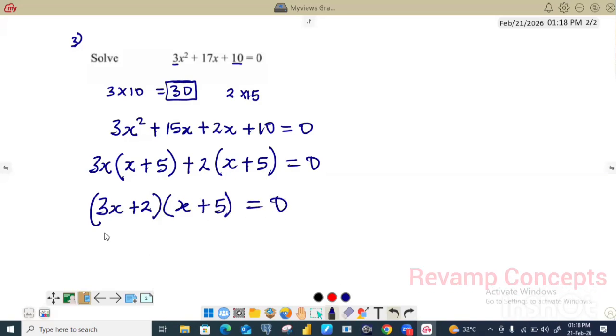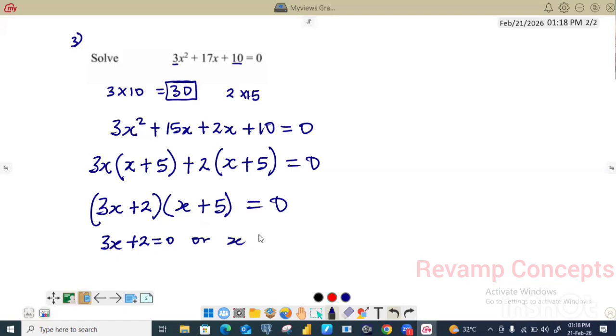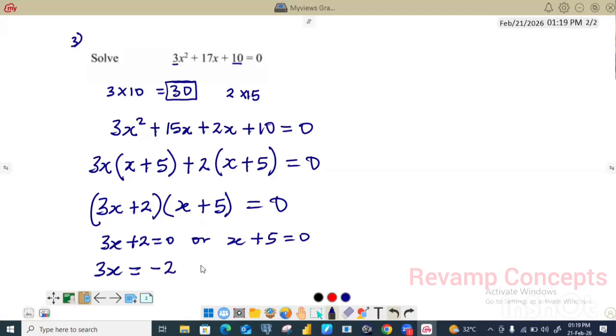So we go further by equating each of these expressions to 0. So 3x plus 2 equal to 0, or x plus 5 equal to 0. By doing so, we can have 3x equal to minus 2, right?